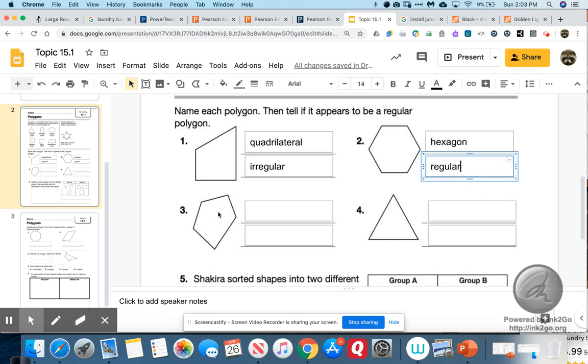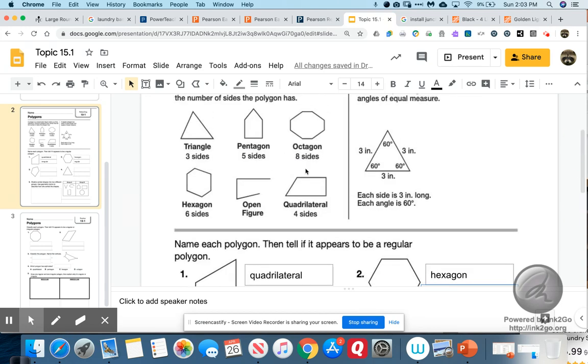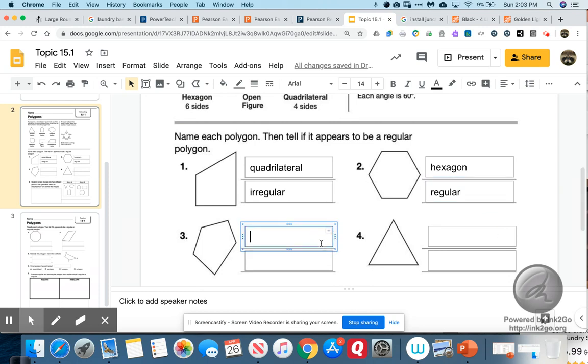Okay, let's look at the next one. Count the sides. 1, 2, 3, 4, 5. Well, I know a 5-sided figure. If I look up here, 5 sides is a pentagon. And is this one regular? Well, some of the sides are not all the same length, so it is irregular. And then finally, we have this shape.